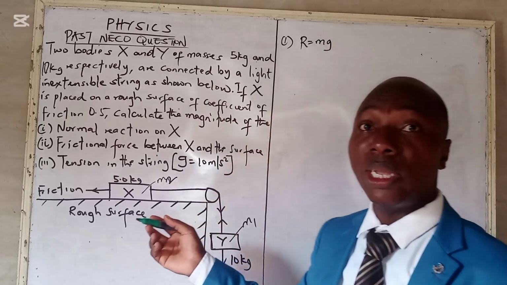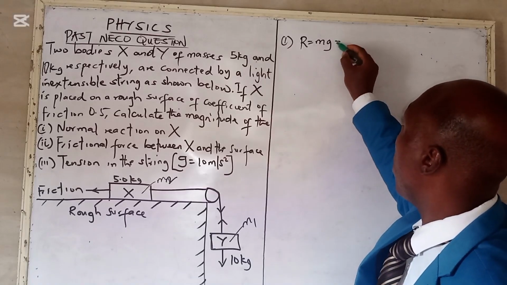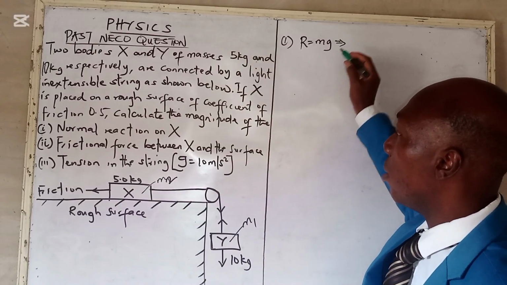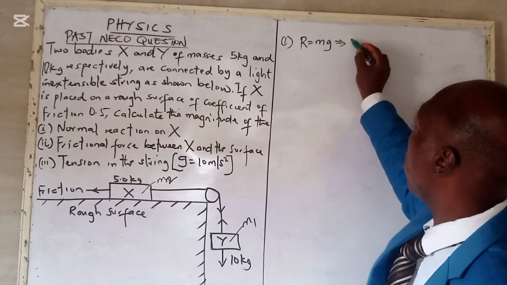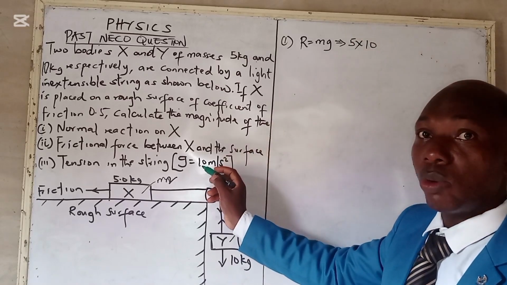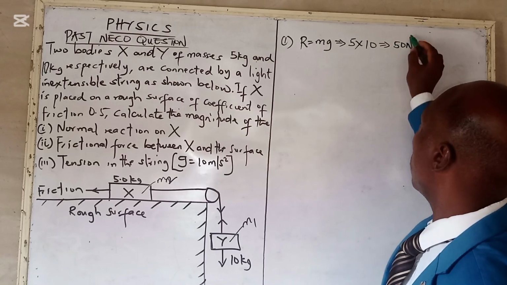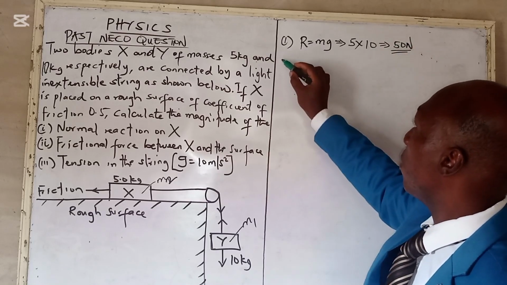Our reaction is the weight of the body on X. So our mass of X is 5 kg and our g is 10 as given in the question. So that will give you 50 Newton, 5 times 10.